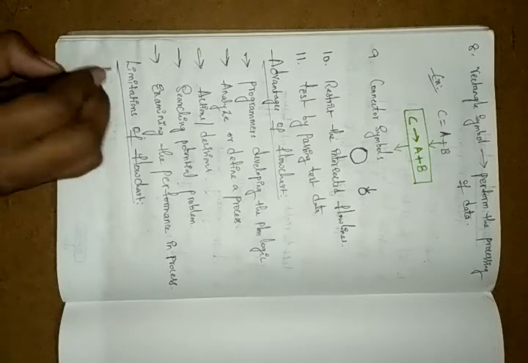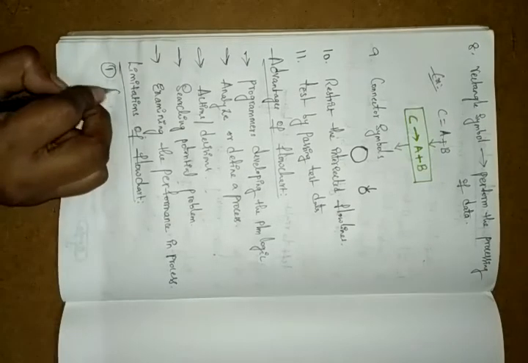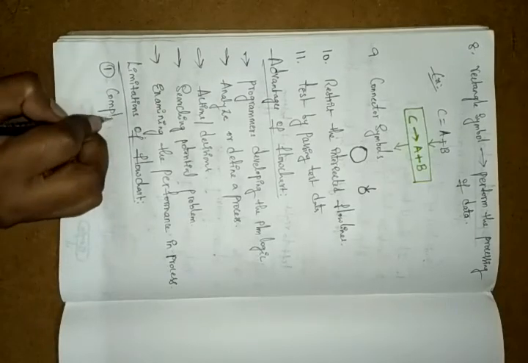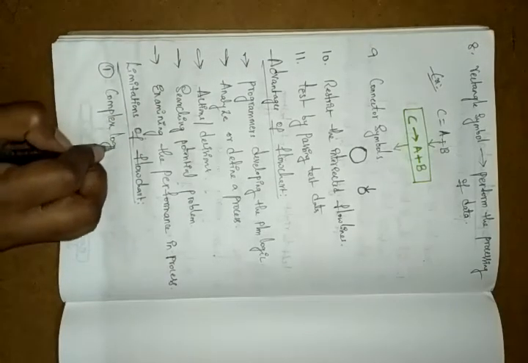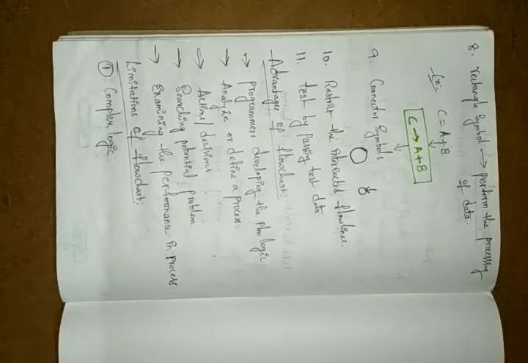Let's see what we have. The first one is complex logic. In complex logic, the flowchart will become complex and clumsy in the case of complex program logic, which means you waste time and money to correct the flowchart.